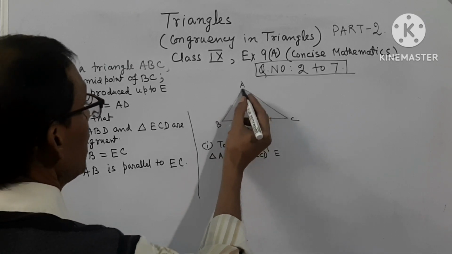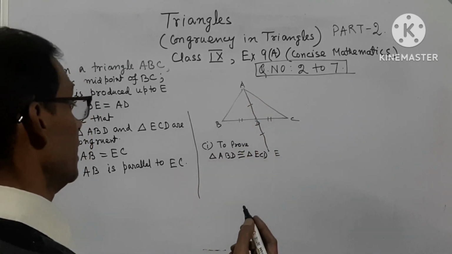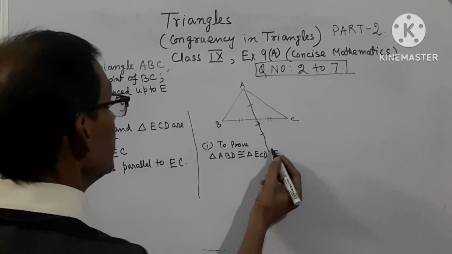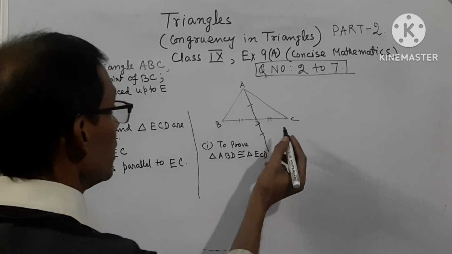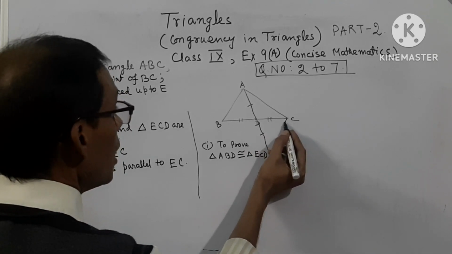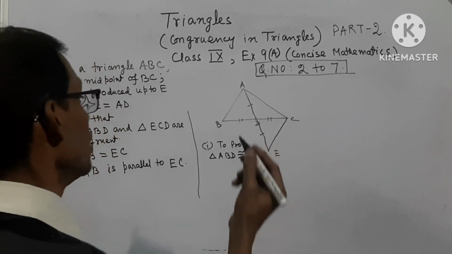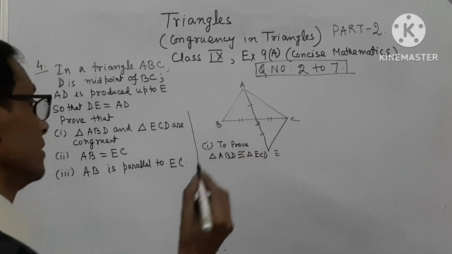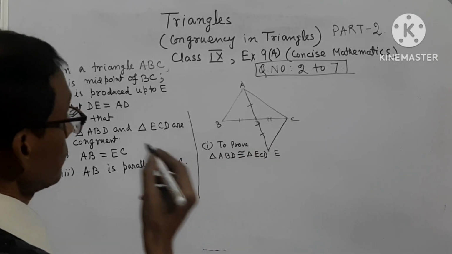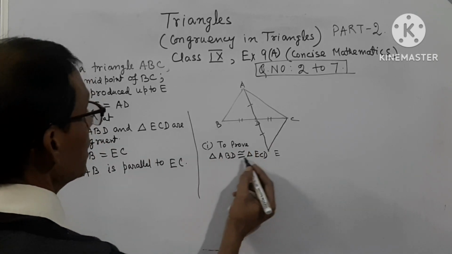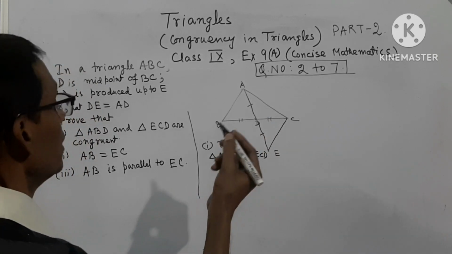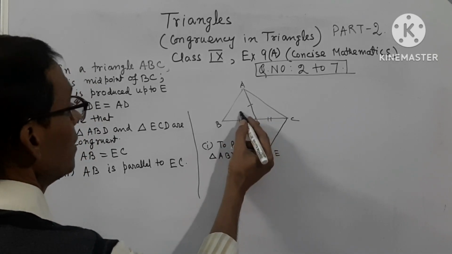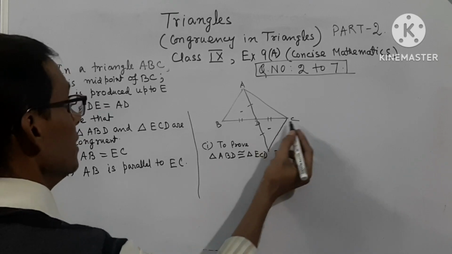Now ABD, I can see ABD triangle is there, but ECD triangle is not there. So definitely you have to join the EC. You can write also in construction that joining E and C. So we have to prove that these two triangles are congruent. Let's do ABD and ECD.